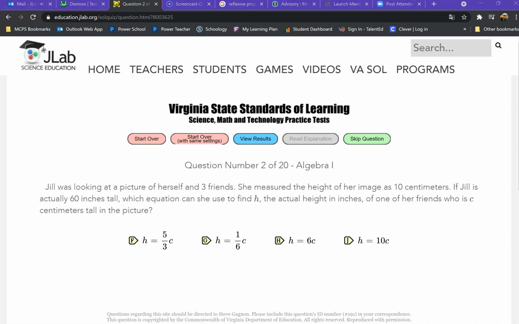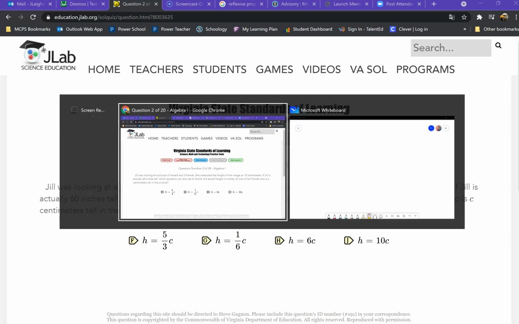I'm going to solve this using cross multiplication. C represents the height in the picture, and H represents the actual height.